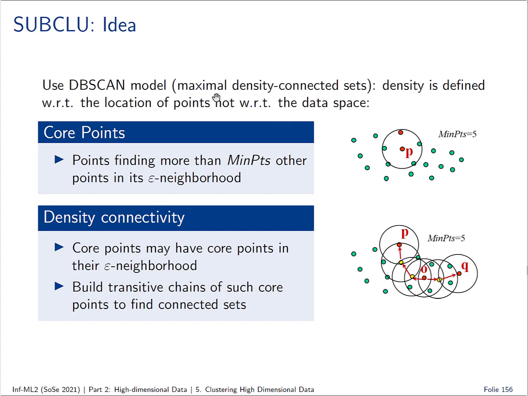The DBSCAN model is the maximal density-connected sets, and the density is now defined with respect to the location of the points, especially the volumes are defined with respect to the location of the points, because for each point we look in the epsilon neighborhood, meaning in the range around the point with a given radius epsilon, distance threshold epsilon.